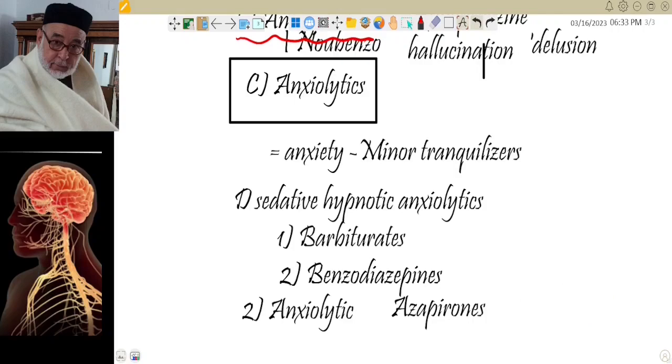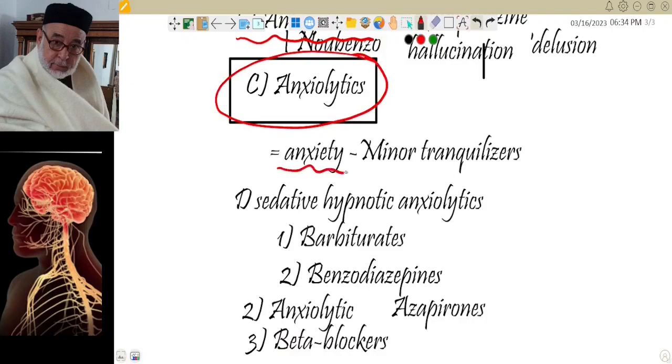The third group are non-sedative, non-hypnotic. They are not anxiolytic, but they can reduce the symptoms of anxiety, like beta blockers. A beta blocker is not anxiolytic on its own, but it can decrease the symptoms of anxiety. These are the anxiolytics: drugs used to reduce anxiety, the feeling of fear and apprehension.